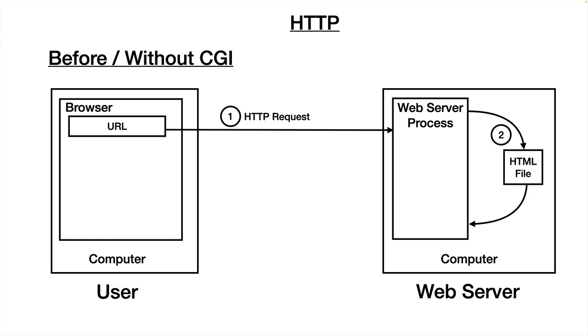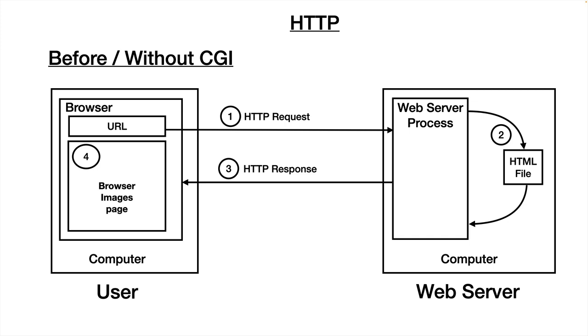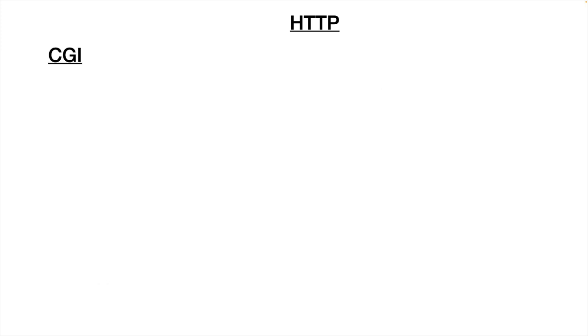It reads that in, and then it generates something called an HTTP response that delivers the web page to the user's browser. And when the browser receives that response, it then images the page, so displays the web page to the user. So that is how the HTTP protocol works, and some of the terminology related to it.